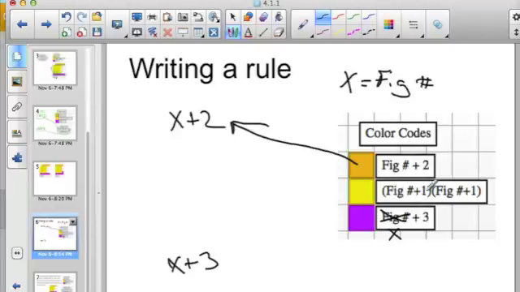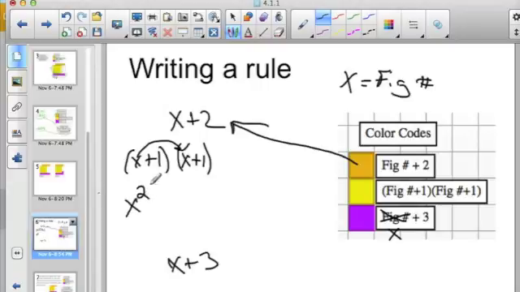Now the big question is, how do I get this? Well, first of all, let's rewrite it as x plus 1 times x plus 1. Now we've learned about the distributive property. All this is one big distributive property waiting to happen. So if I take x times x, what's x times x? Well, it's x squared. Now if I take x times 1, it's simply 1x, or x.